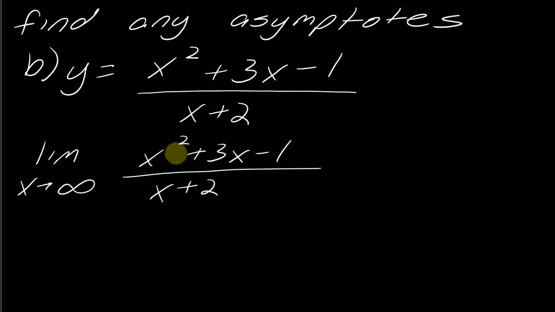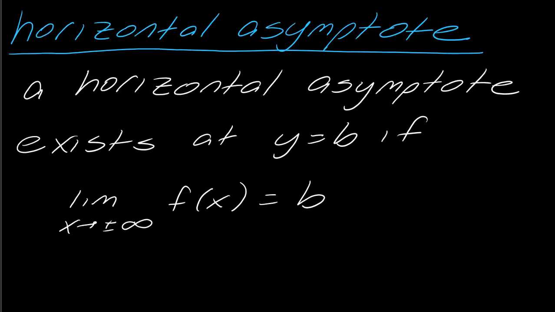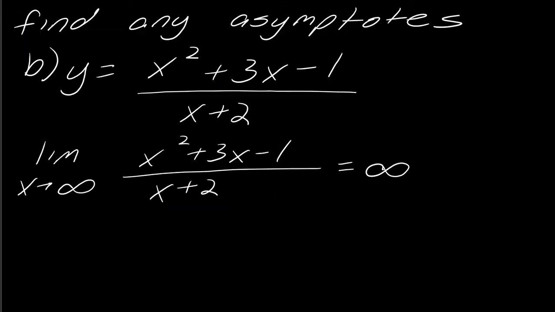If you're not sure what I mean by that, I would highly recommend that you go back and watch some of the lessons on limits and infinity. So this whole thing is going to end up going to positive infinity. So that does not fulfill our horizontal asymptote definition, but actually there is an oblique asymptote here.